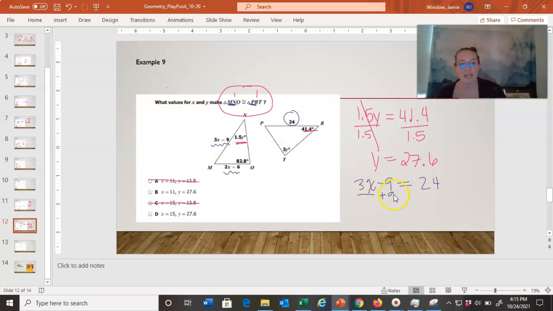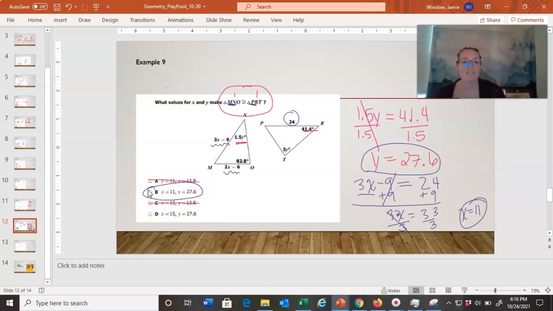We want to move the 9 over. 24 plus 9, 33. And then 3 times x. Remember, the inverse operation of multiplication is division. So x equals 11. So we found the two values that make those congruent statements true.